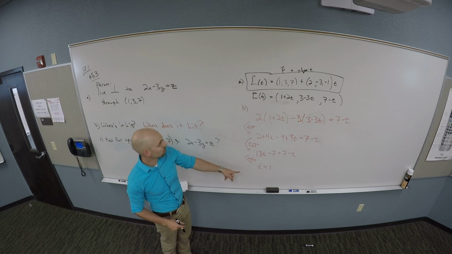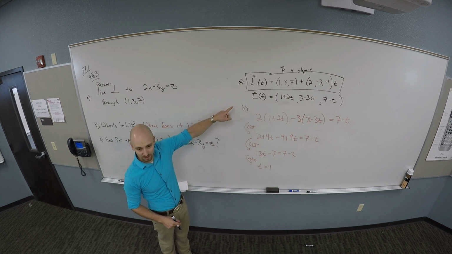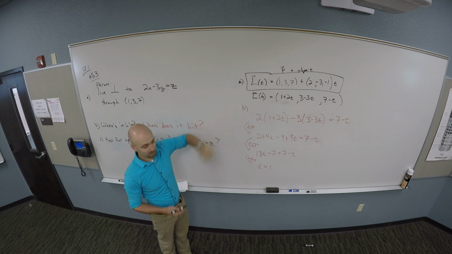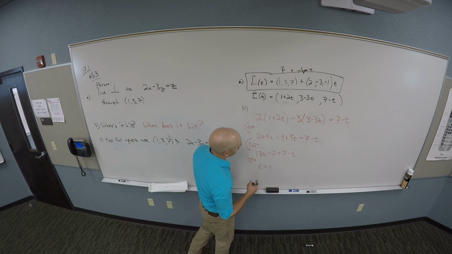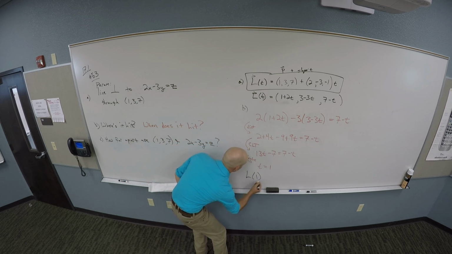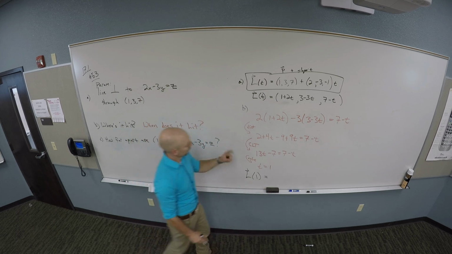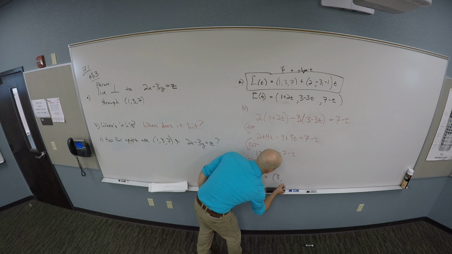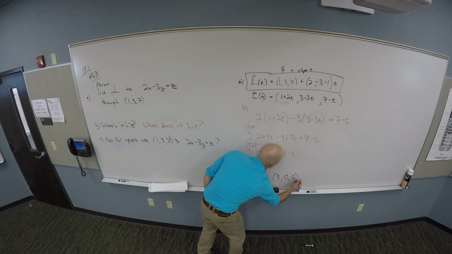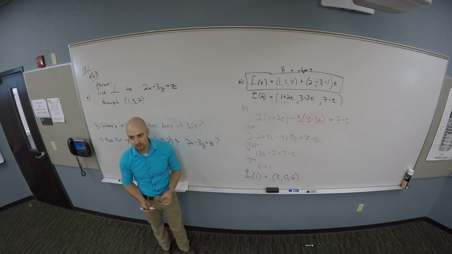So I should plug t equals 1 into the line. If I plug t equals 1 into the line, I'm going to get L of 1, which is going to be the vector 3, 0, 6, or the point 3, 0, 6.